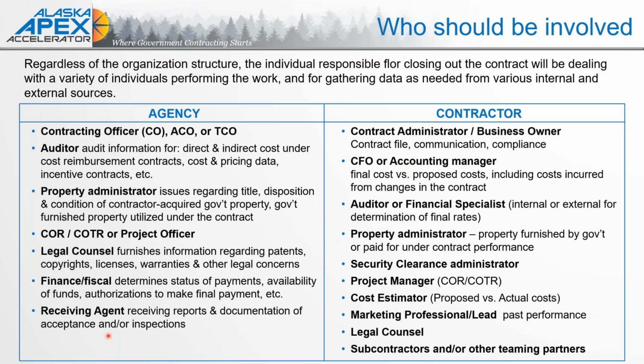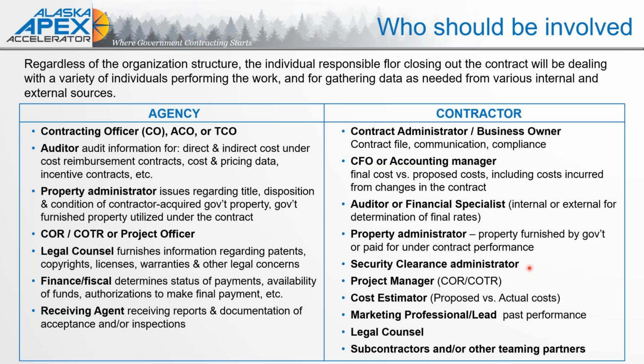All right, let's talk about who should be involved in the contract closeout process. This information covers what the agency needs to provide and who should be involved from the agency side, and then we have it mirrored on the right for the contractor.